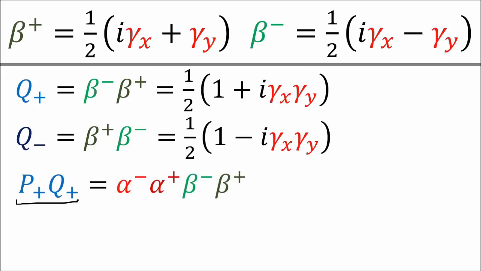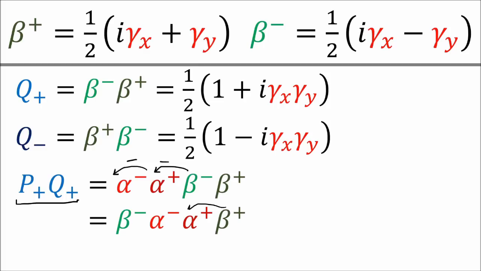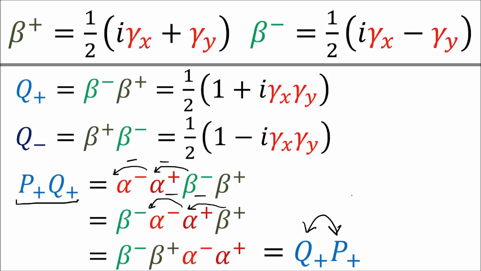We can then swap beta minus over in exchange for two negative signs, and then swap beta plus over in exchange for two negative signs. Overall, there is no sign change, and we've managed to swap the order of the alphas and betas, which means we've swapped the order of our projectors.